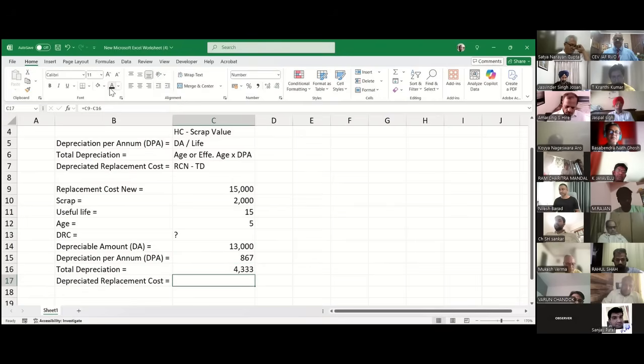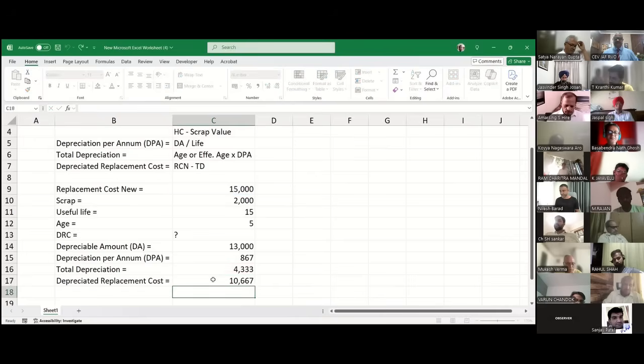What will be the DRC? 15,000 minus 4,333, which is 10,667.